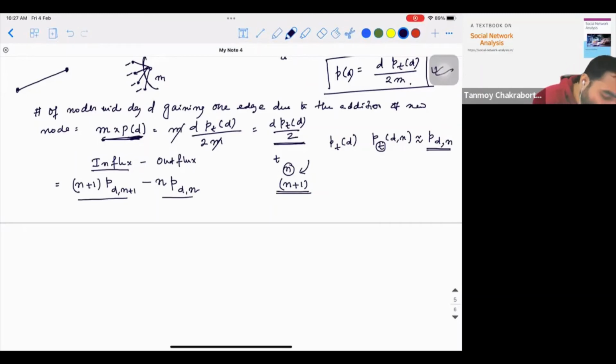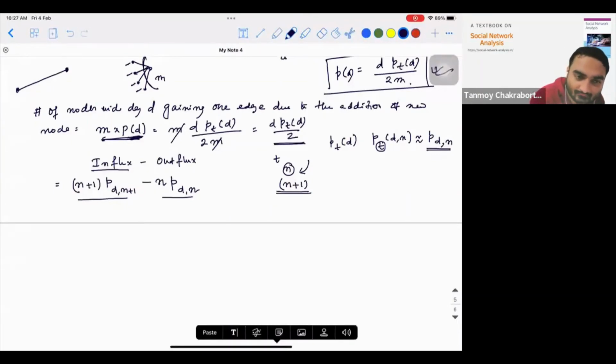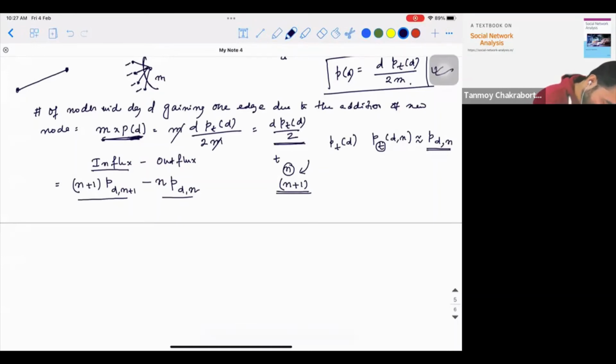At that time, what's the number of nodes with degree d? Because this number of nodes will now become d plus 1. Okay, so they would be deducted from the system while calculating influx minus outflux. Right? So this is one way of writing influx minus outflux. Now let's look at another way of writing influx minus outflux.